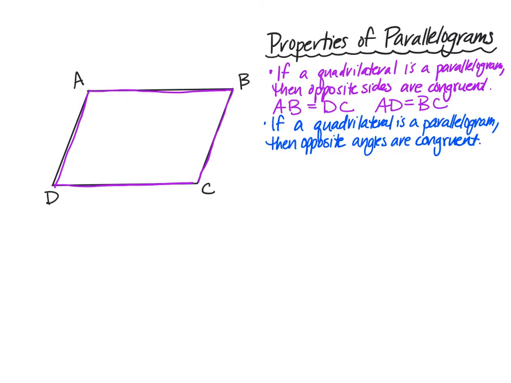Notice here that we have four angles, angle A, B, C, D. Two of the angles are acute angles, angle B and angle D, and two of the angles are obtuse angles, angle A and angle C. So it would make sense that the two acute angles, angle B and angle D, would be congruent, and that the two obtuse angles, angle A and angle C, would be congruent.